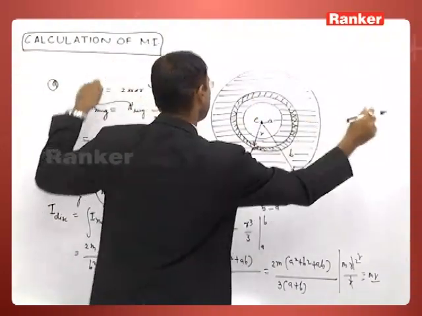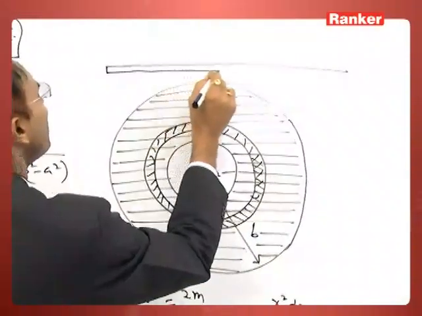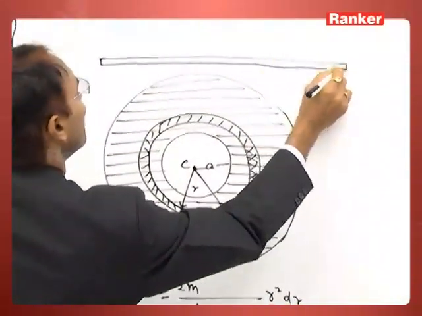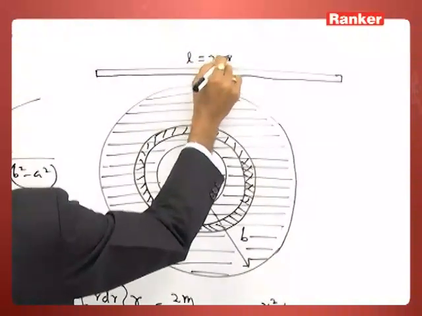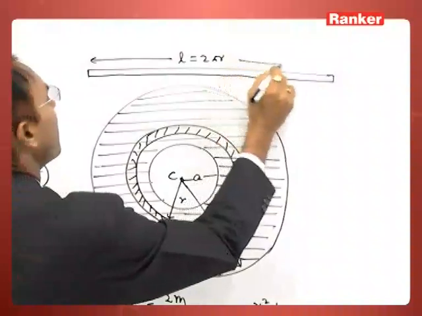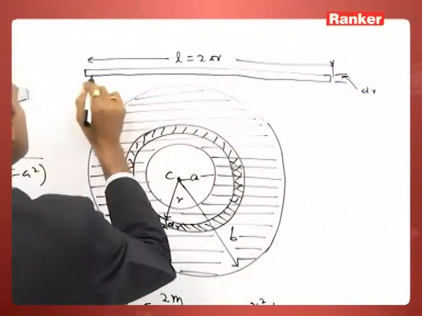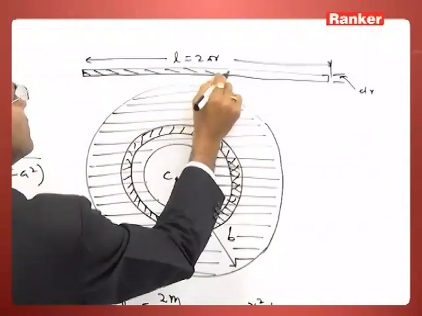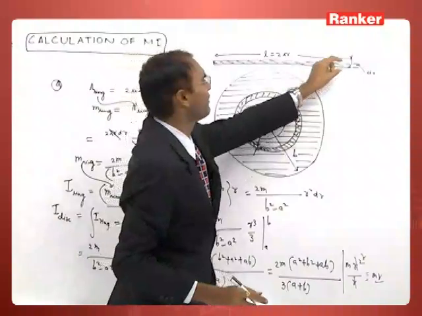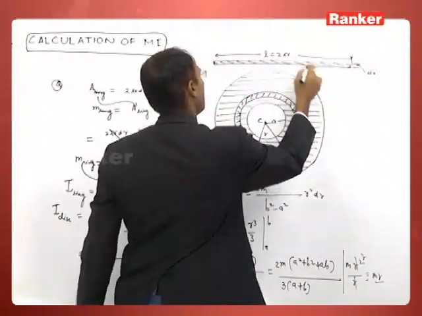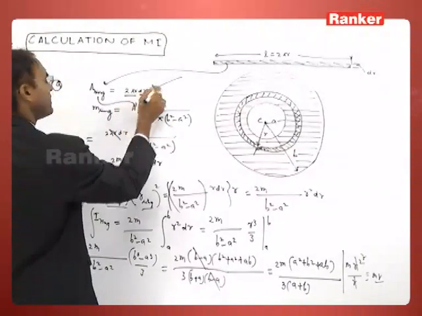If you just cut it and stretch, you are getting a thin strip of length L equal to 2 pi r, and the thickness itself is dr. So, this is just like a rectangle of length 2 pi r and the breadth dr. Therefore, this area will be equal to 2 pi r length into breadth, that is dr.